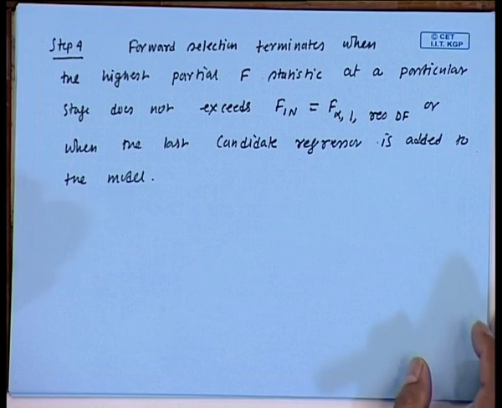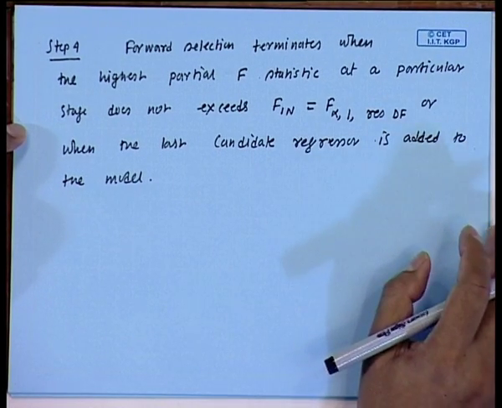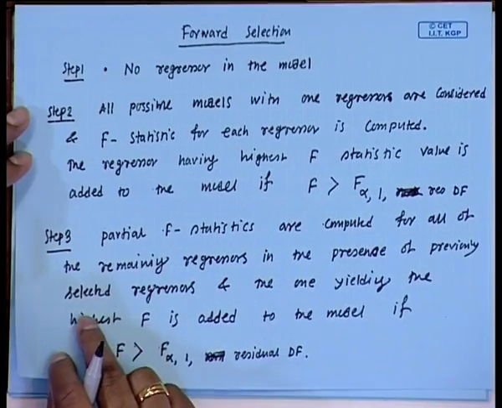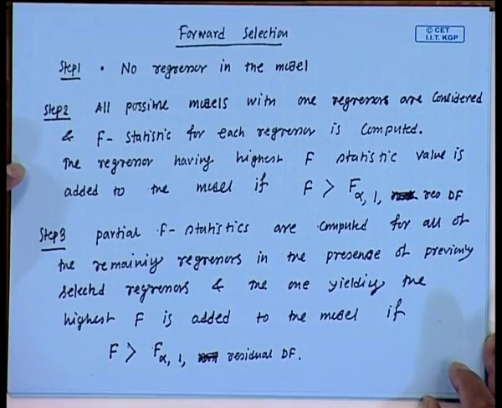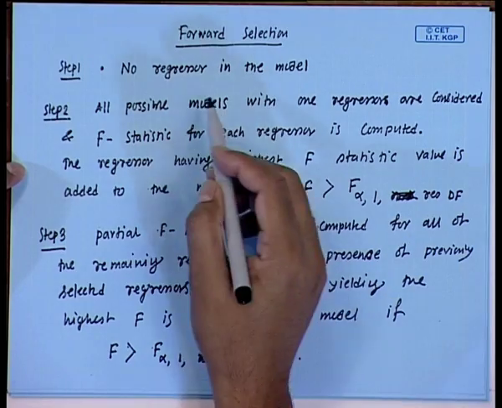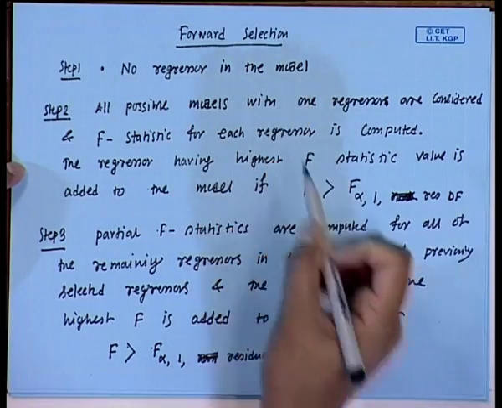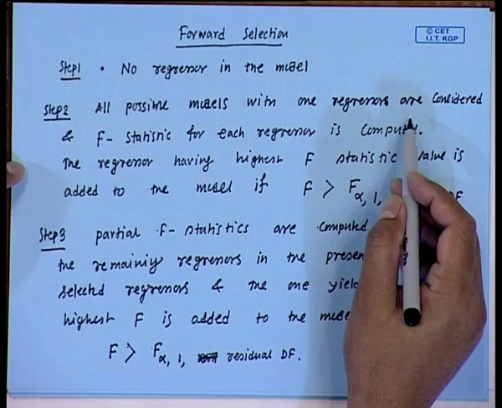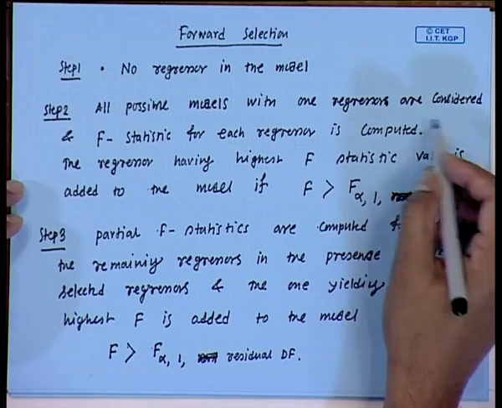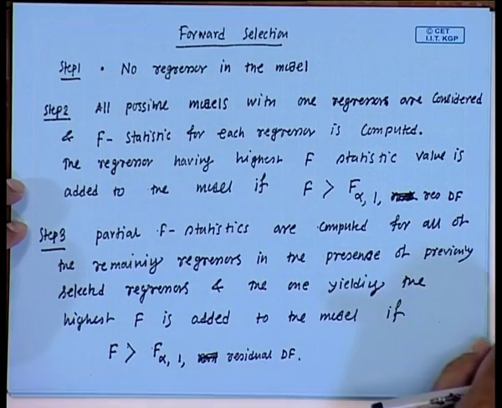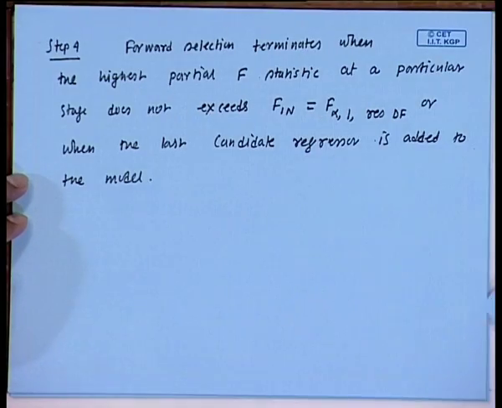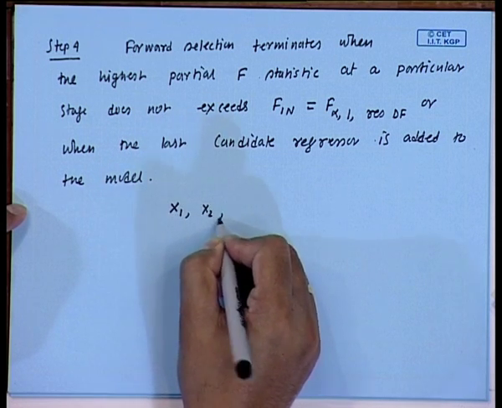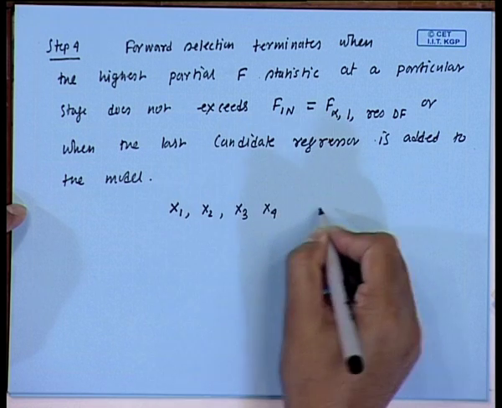Okay, so this is the algorithm, and now I want to illustrate this algorithm using one example. Let me give the overview. Initially, we start with no regressor in the model, and then all possible models with one regressor are considered. Suppose my problem has 4 regressors, say x1, x2, x3, x4 and one response variable y.